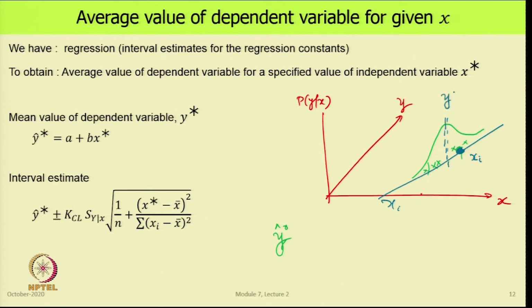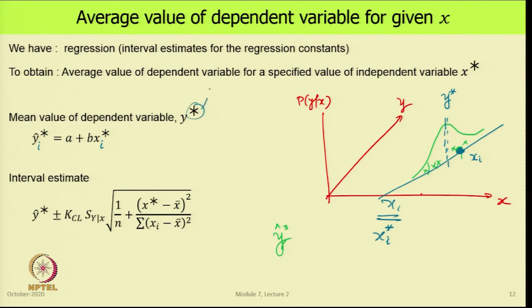So, this is what we call y star. We take any value of x, and for this calculation it could just have been xi, but we will call it xi star. And we will just use the regression curve that we had earlier. So, this becomes yi hat star. This is a predicted value of the mean value of the variable.